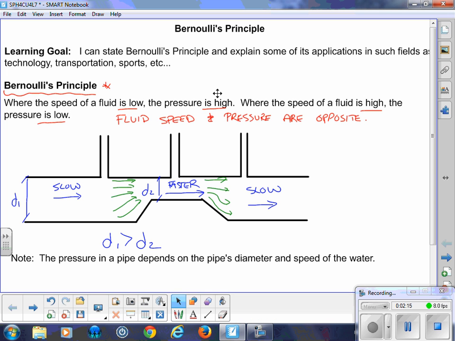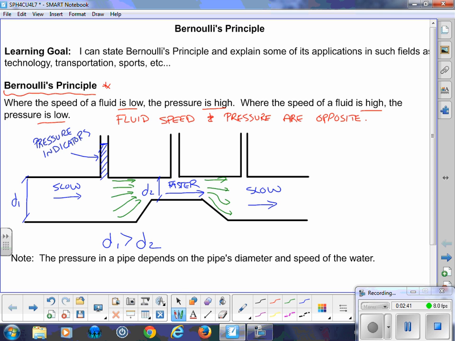Okay? So that means that if we have slow-moving water, and I just arbitrarily say this is the pressure level, so this is our pressure indicators. All right, these tubes sticking up. So the water in this section, this is the pressure. It's under that much pressure.